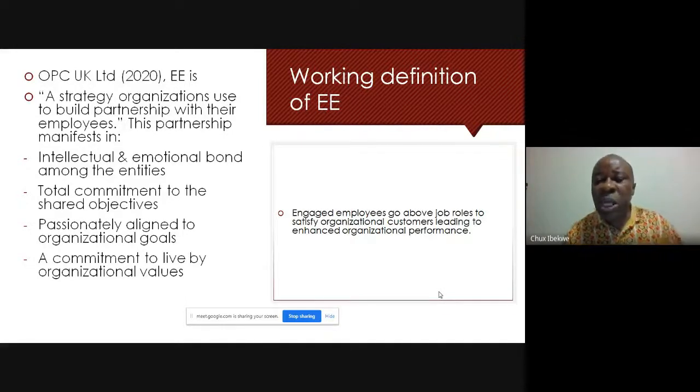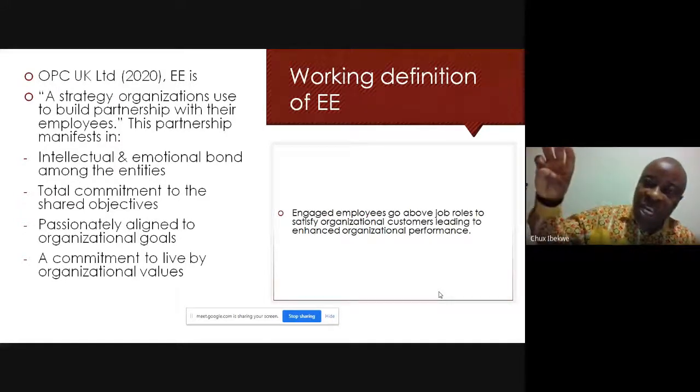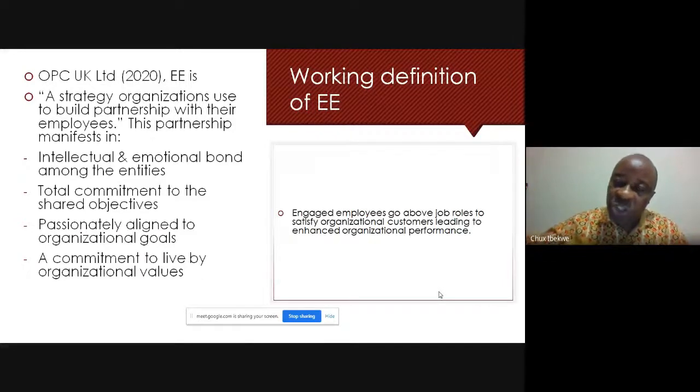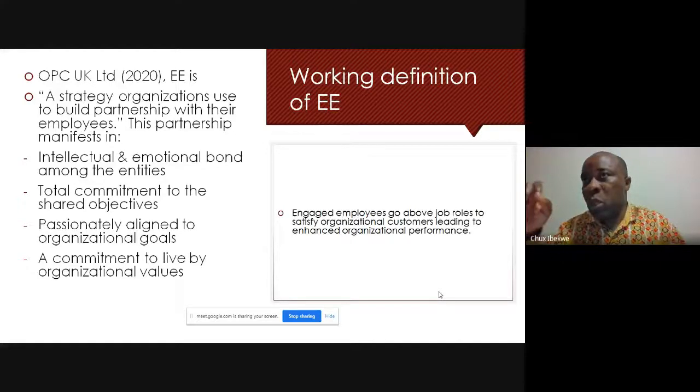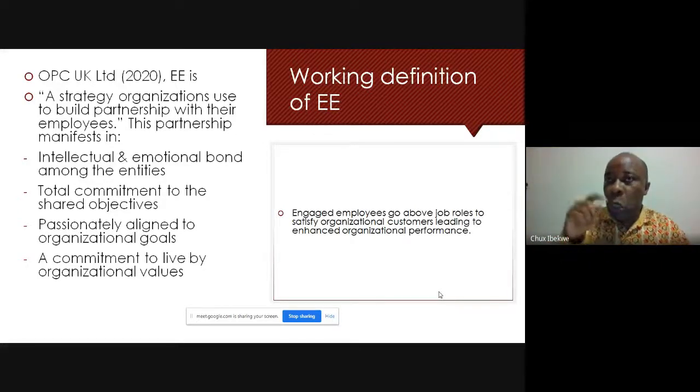Finally, it leads to a commitment to live by organizational values: trustworthiness, quality production, and such other things that make your organization unique from others. Because we are engaged. Because that strategy allows us to commit ourselves, commit to lead by example, commit to maintain the organizational culture.